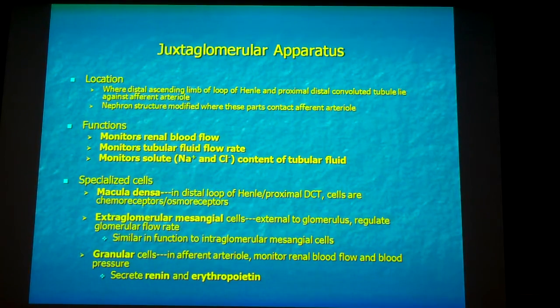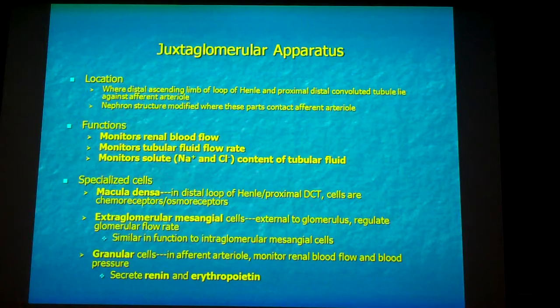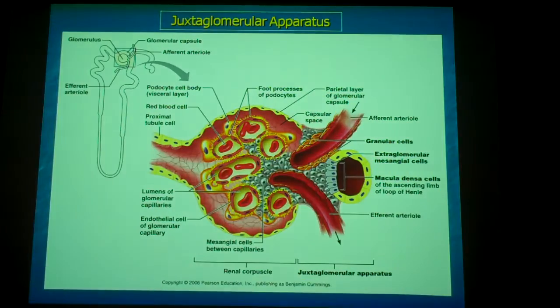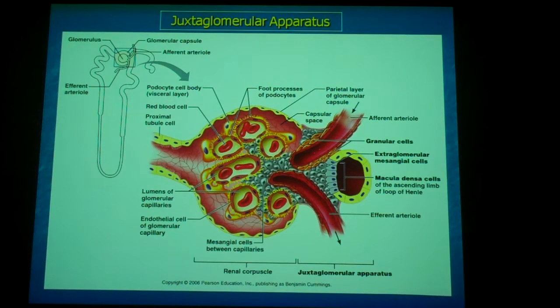Well, let's do it right now, actually. What's going to happen here? We're going to monitor renal blood flow. Because what's coming through this artery is a reflection of renal blood flow, isn't it? The blood flow is coming off the aorta into the renal arteries and eventually into these little arterioles here.